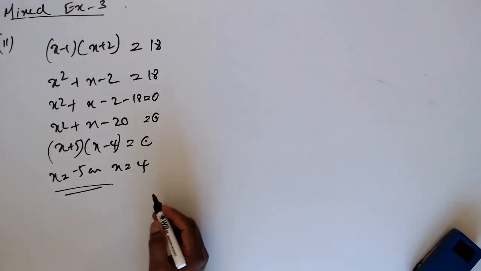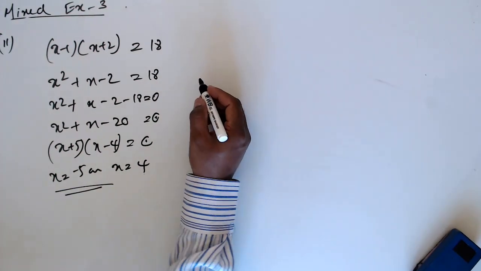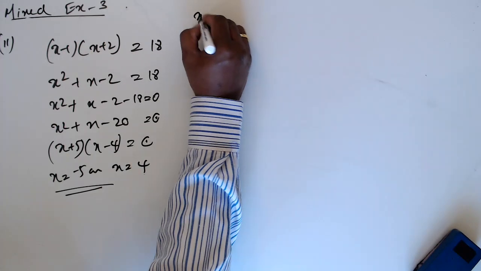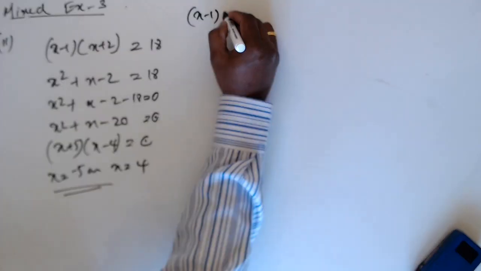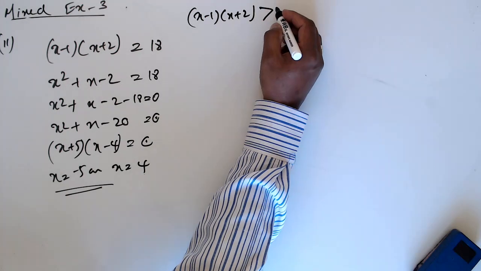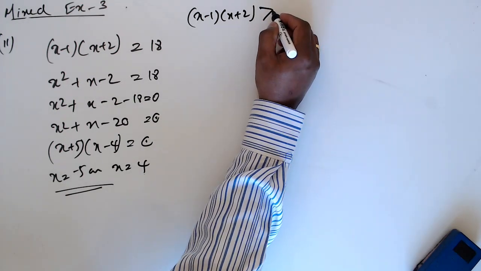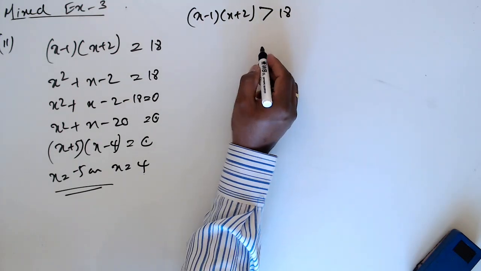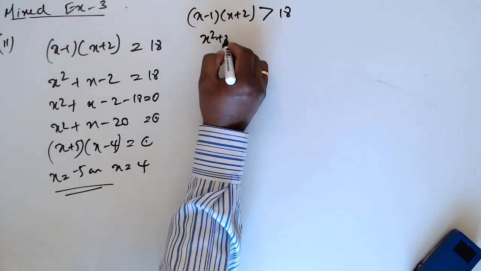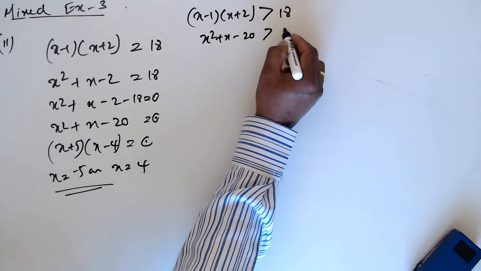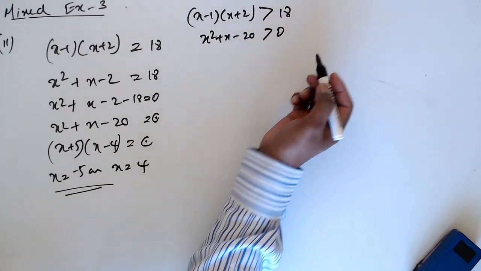Now we want to solve this one: x minus 1, x plus 2 greater than 18. It means x square plus x minus 20 greater than 0.